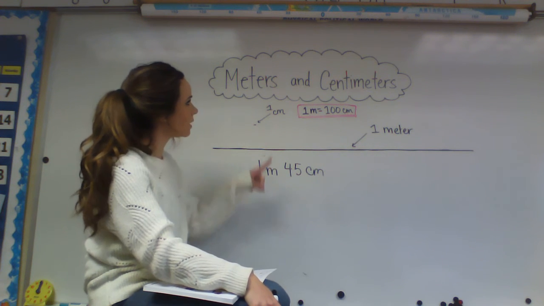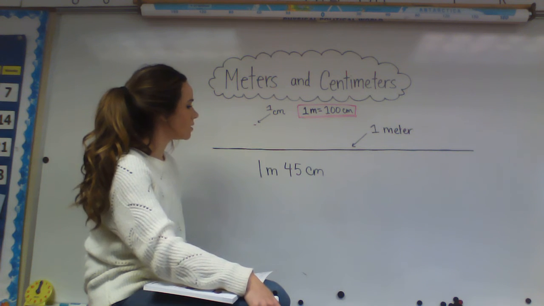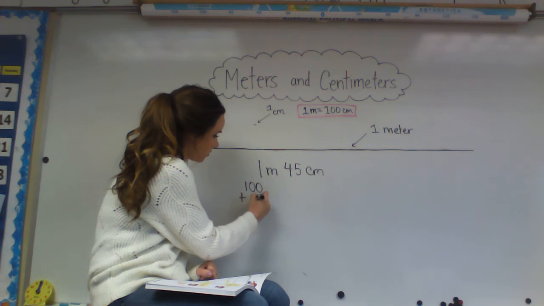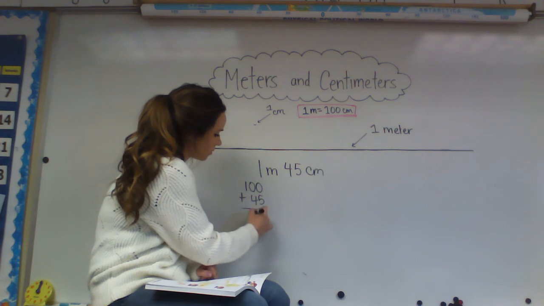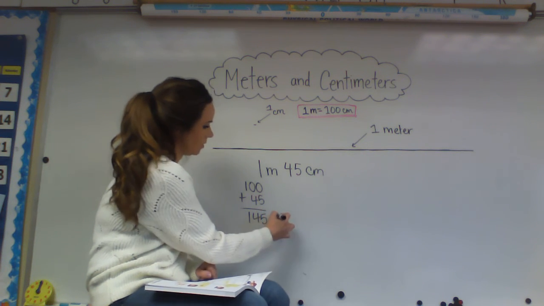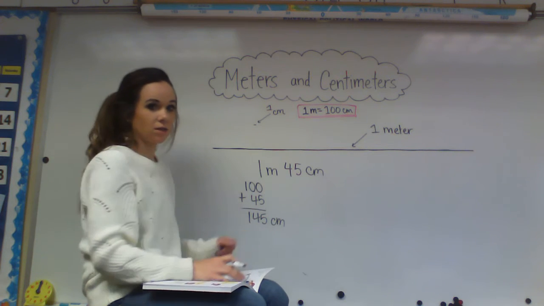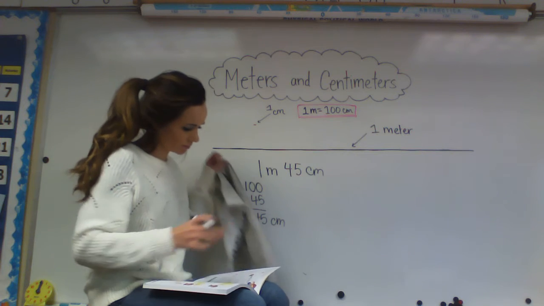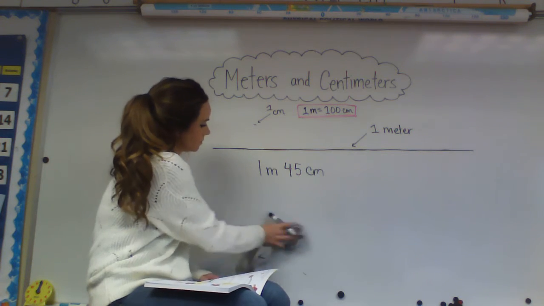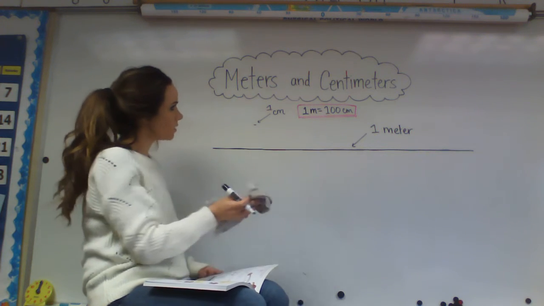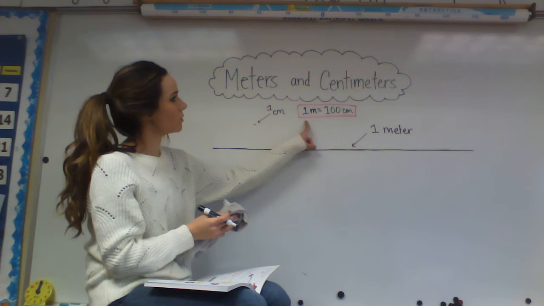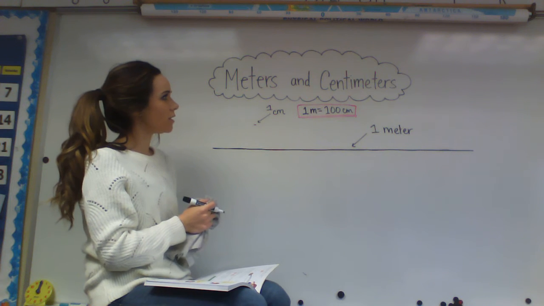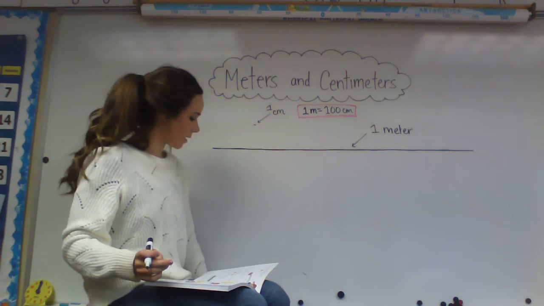Well, 1 meter, again, equals 100 centimeters, plus 45 equals 145 centimeters. So that's your answer. So you can convert back and forth using the rule 1 meter equals 100 centimeters. As long as you do that, you should not have a problem.